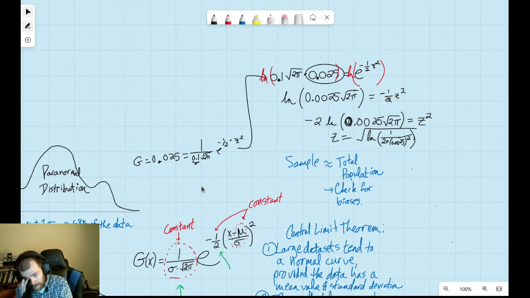So let's just try this, for instance. 2 times pi is equal to this. Take the square root, multiply by 0.025. That's that. Take the natural log, multiply by -2, and take the square root.